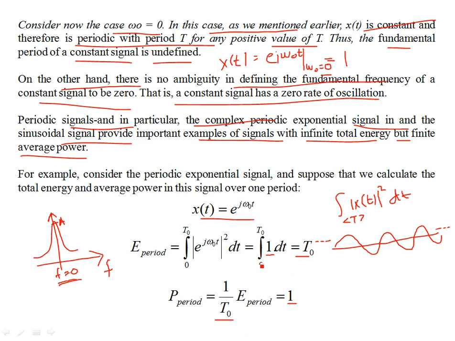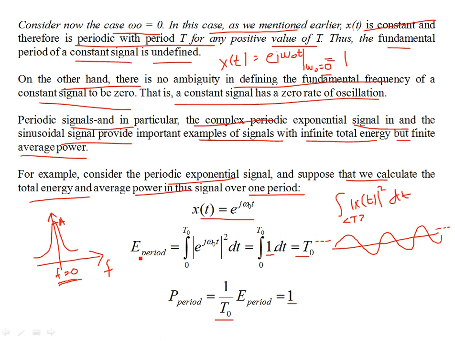We consider this over one period, but in fact, the sinusoids are going to occur forever. So you have to consider an infinite period of time to compute the total energy, which is infinite, but the power over one cycle stays finite, right? So for example, consider the periodic exponential signal, and suppose we calculate the total energy and the average power in the signal over one period.